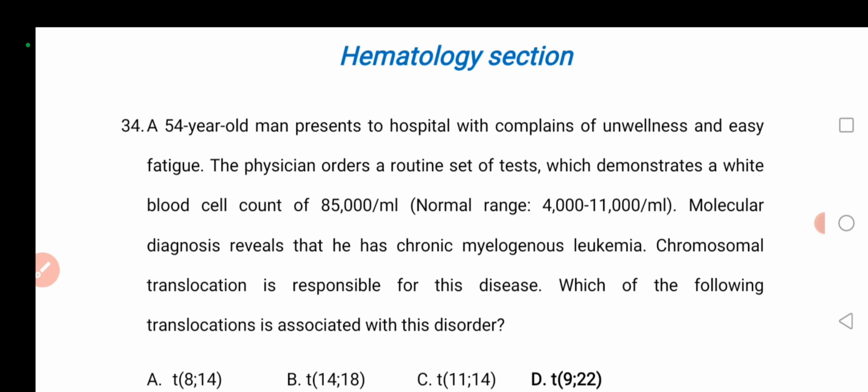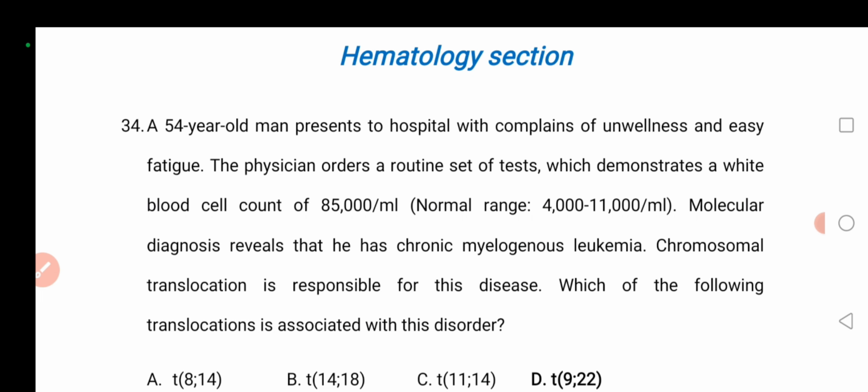When we see the molecular background of the leukemias, there are usually translocations and frame shift mutations. The main cause of blood cancer or leukemia is usually translocations in the genes that code for the development of the cells in the bone marrow.